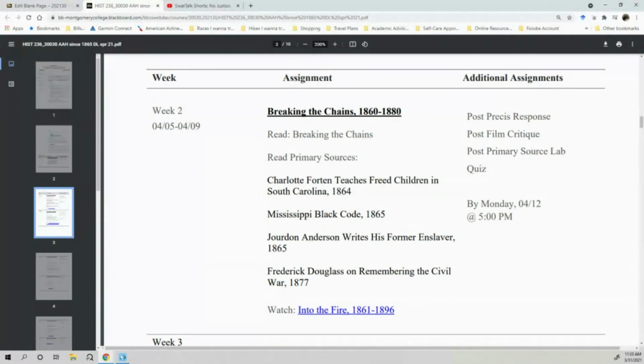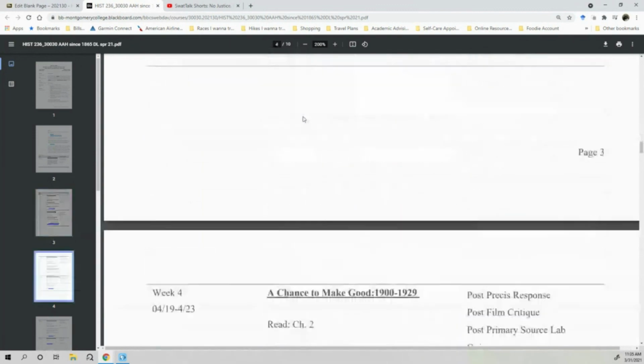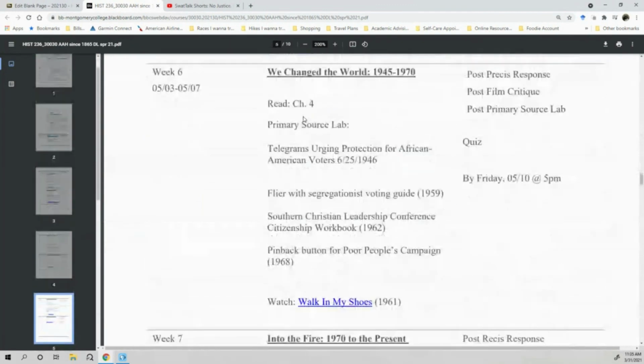You will read these sources and look at these materials and analyze and develop your own critical thinking skills based off these materials. And then you'll have a weekly quiz. Brief quiz. The first quiz that you have for the week is multiple choice. All the rest of the quizzes are true, false. Again, the goal isn't to trap you, it's to make sure that you understand the material. So we'll do that for 7 weeks.